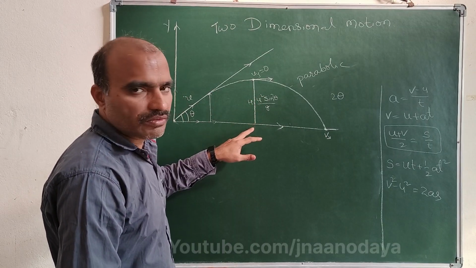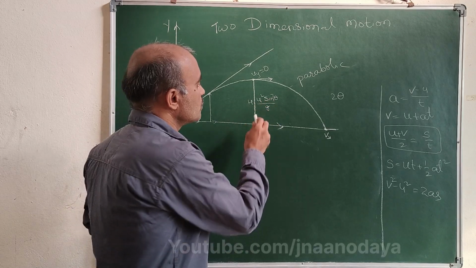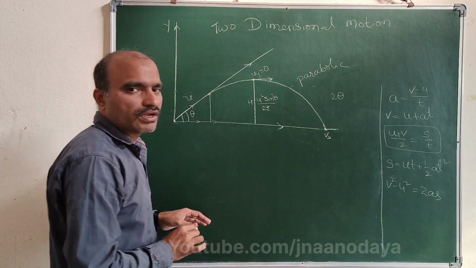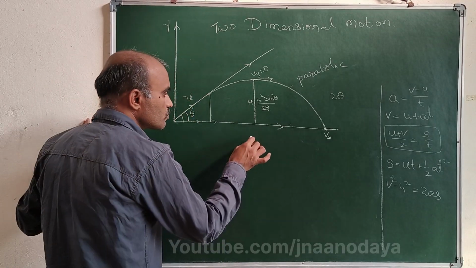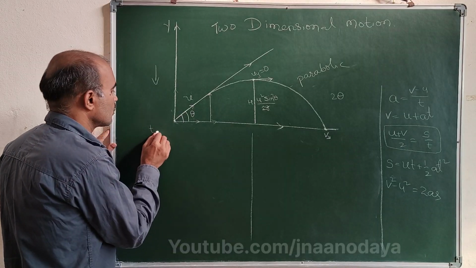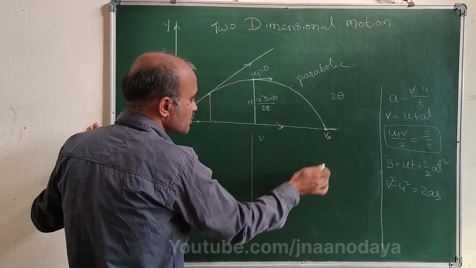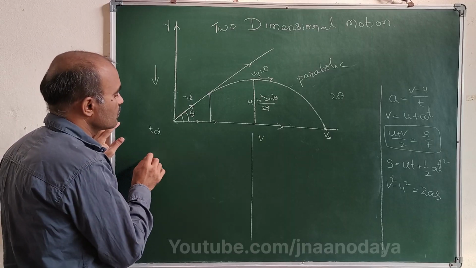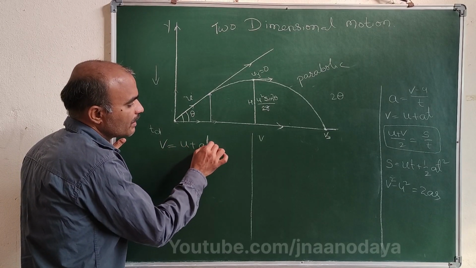And the maximum height reached by the object is h is equal to u square sin square theta by 2g. Just now we have calculated, right? So remember that. Now we use two formulae again to calculate time of descent and to calculate Vy when it is reaching the ground, right? So we use the formula v is equal to u plus at again.